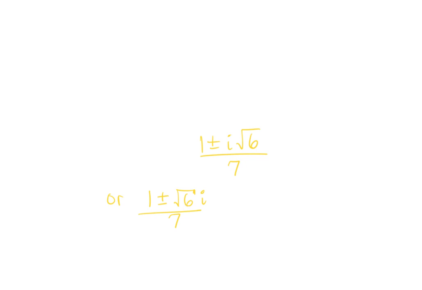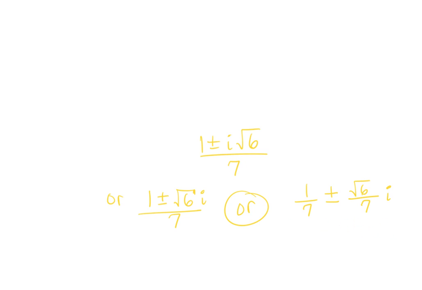Or you can write your answer as 1 over 7 plus or minus the square root of 6 over 7 times i. That's how you write it as a complex number, and you need to be comfortable identifying it this way.